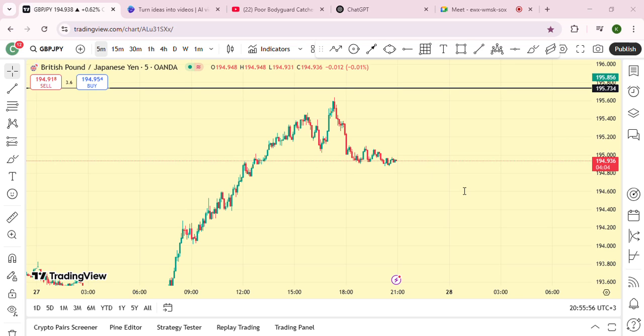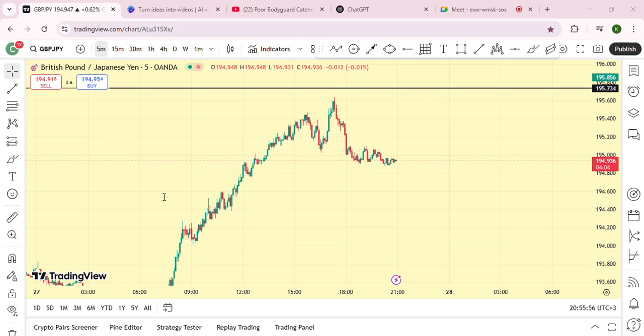In this case, we are looking for the total value of the lot. How many lots have we used here? 0.02. So if 0.01 is equivalent to $0.1, what about 0.02 lots? What's the value?